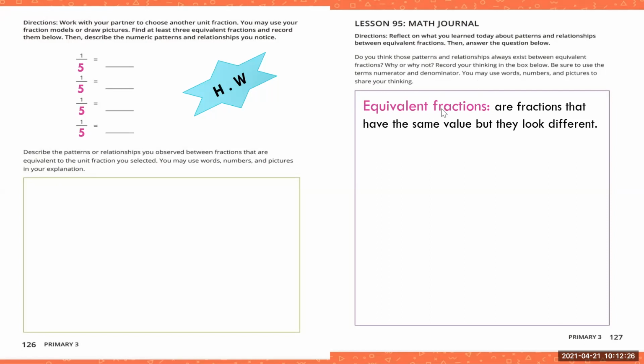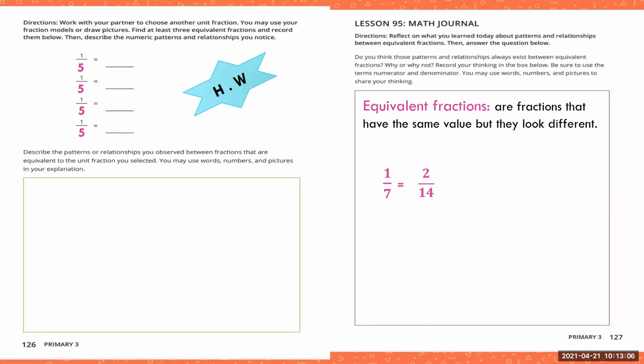But I want to give you very important information. Equivalent fraction means I want you to know very well the definition for it. Equivalent fractions mean fractions that have the same value, but they look different, like this. 1/7, if we multiply it by 2 up and down, we will find this one will be 2 and this 7 will be 14.